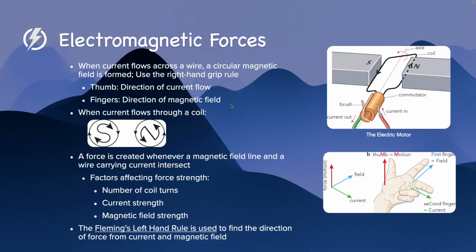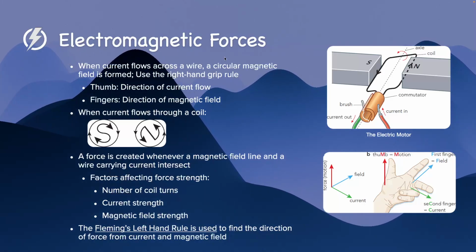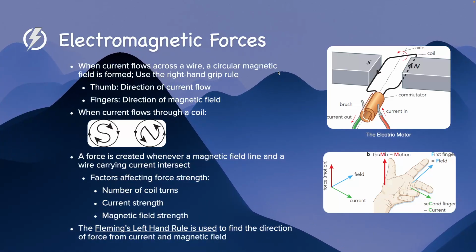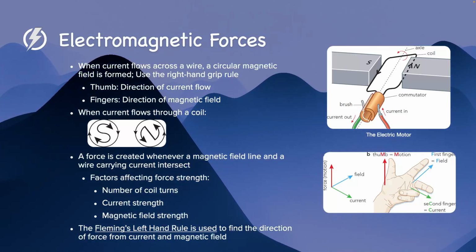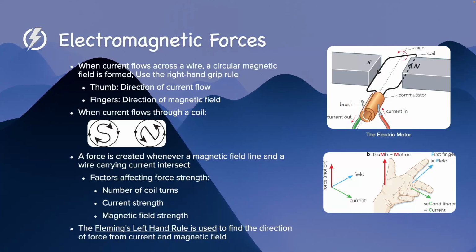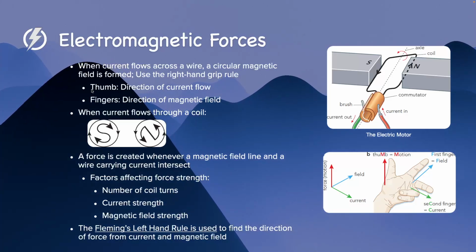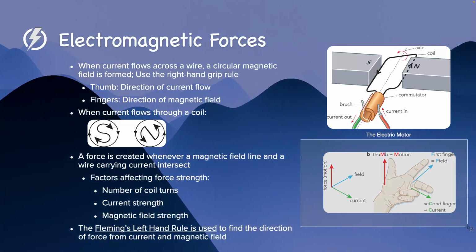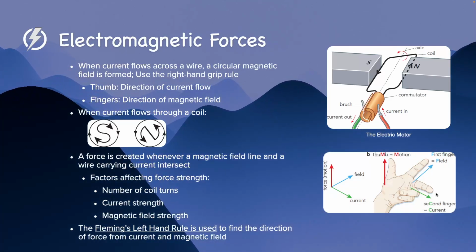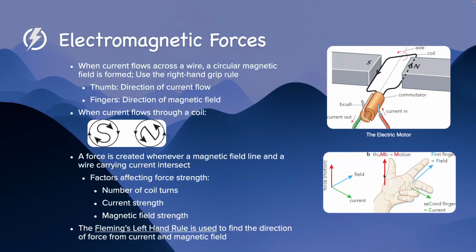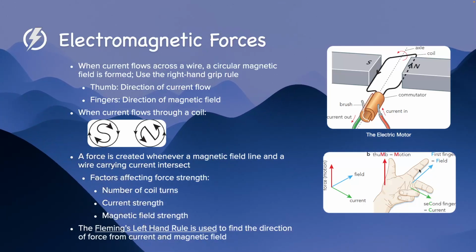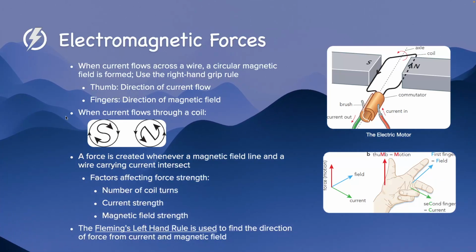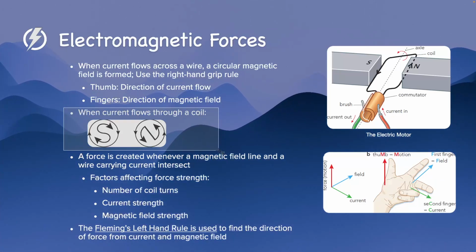Moving on. Electromagnetic forces are generated when a current flows across a wire, because there's also a magnetic field formed. Yes. So you can see we can use this rule, which is your Fleming's left-hand rule, to find the direction of force from your current and magnetic field. When current flows through a coil, these are the poles that are formed.